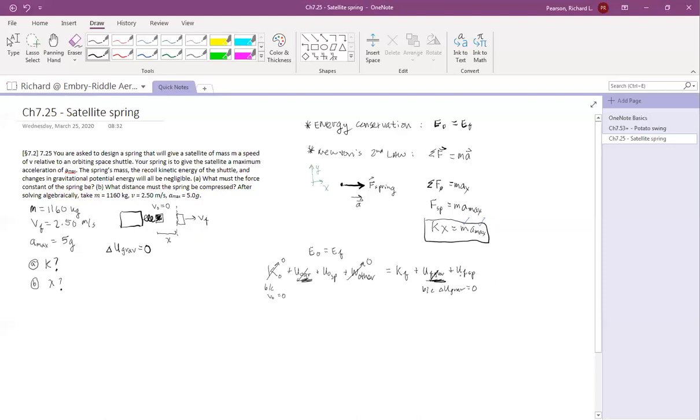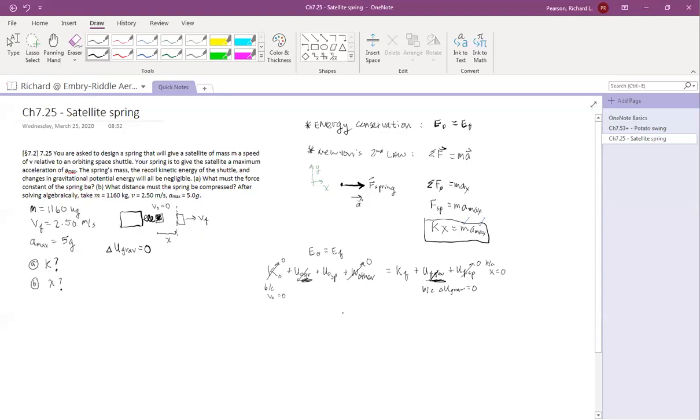On the right side, the final spring potential energy is zero because it has now reached its recoil position. So that goes to zero.